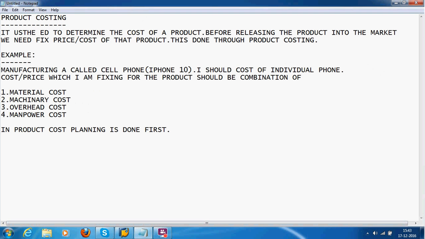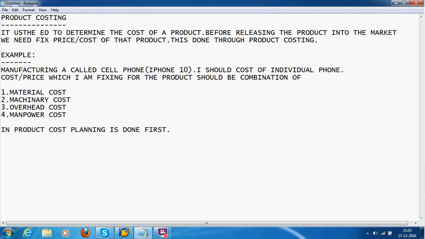Because we need to fix one price, so we need to forecast. For example, if the price of the iPhone is around 80,000, you fix this price. Later, when you get the actual, we will compare the actual and the planned price.